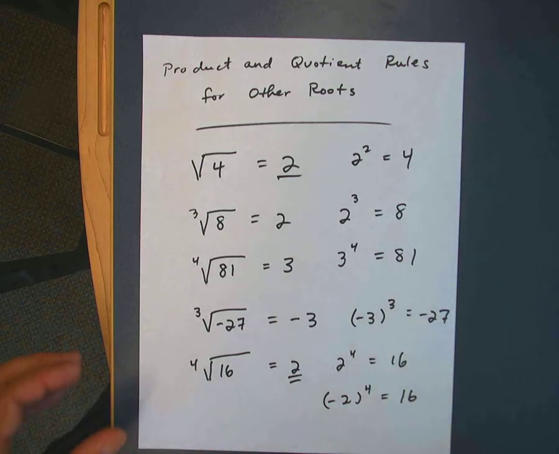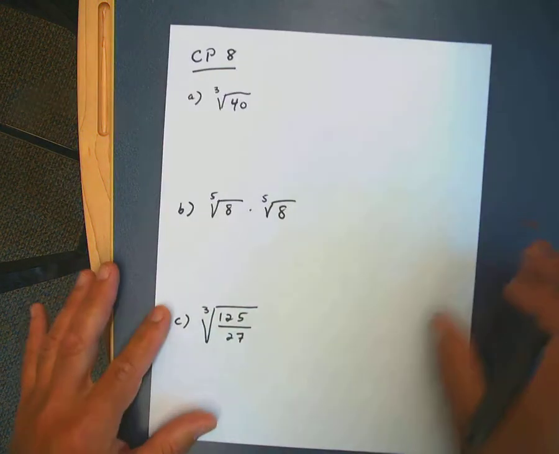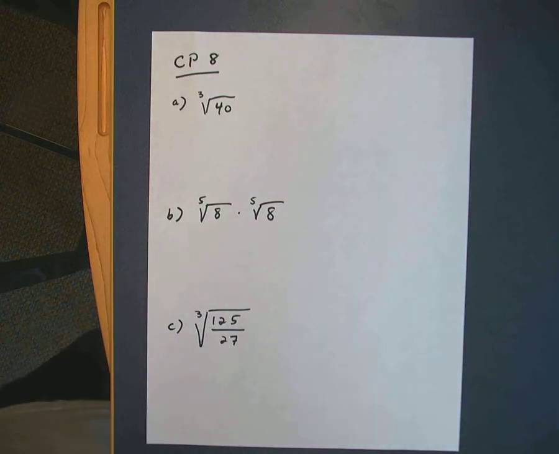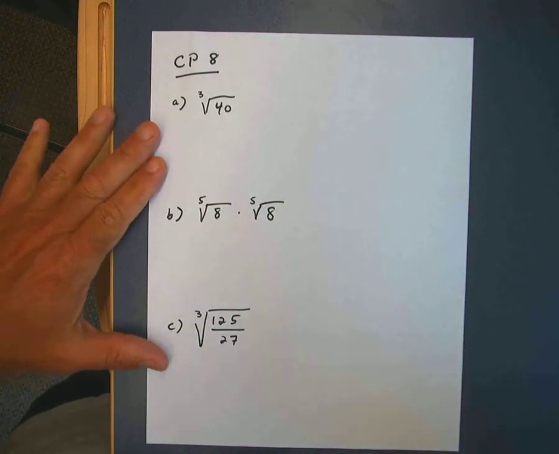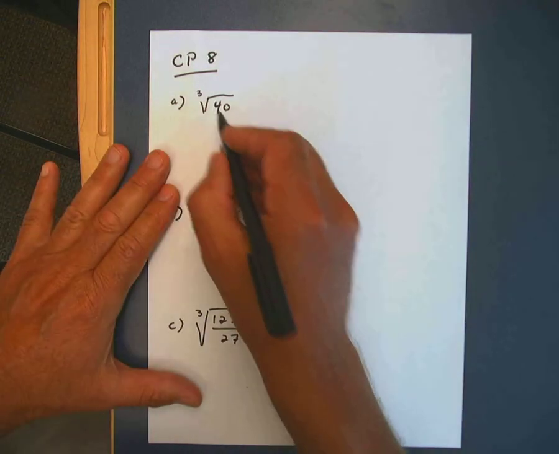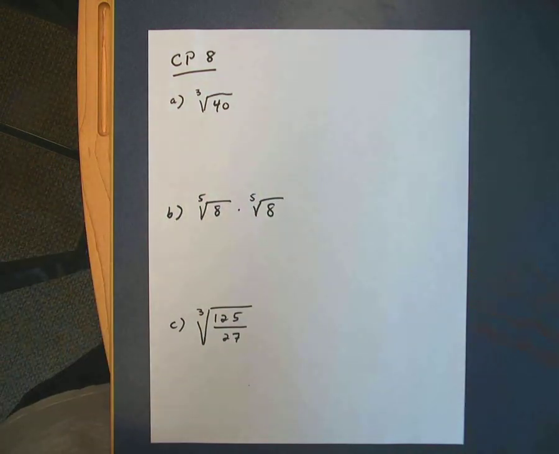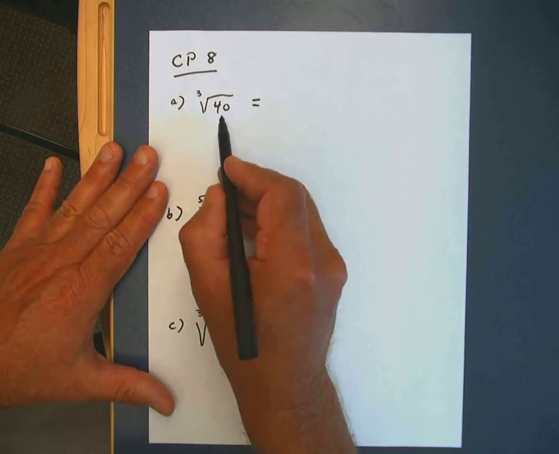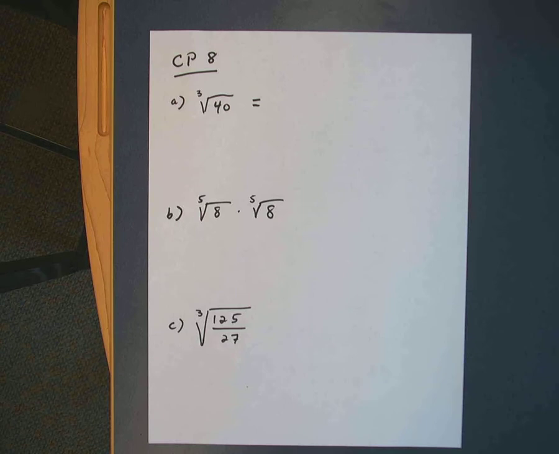Let's take the next example and look at some actual work with roots. The product rule that works for square roots also works for cube roots. So for example, the cube root of 40, we could split that into two different factors. I would look for any factor of 40 that we can take the cube root of.